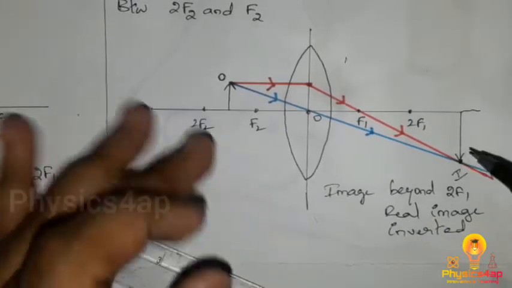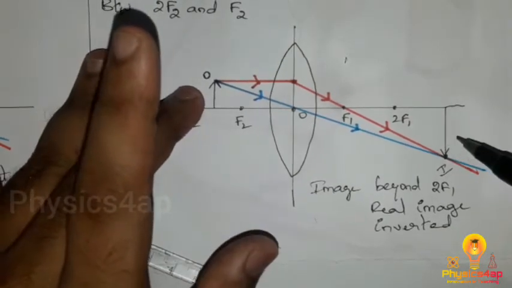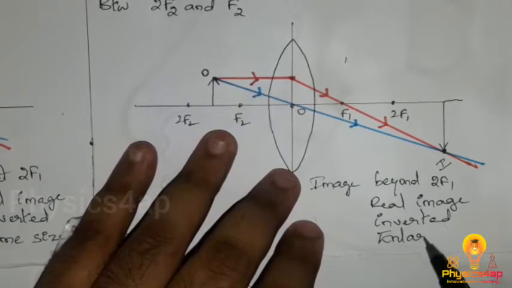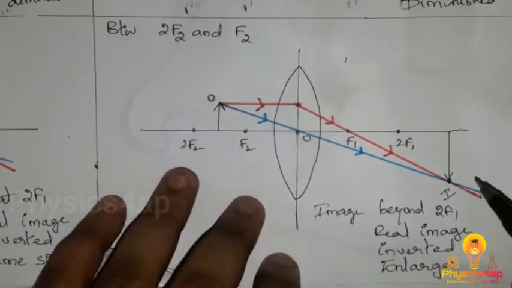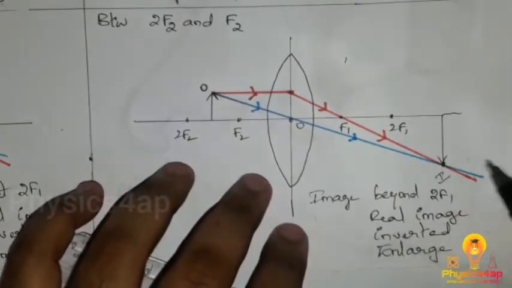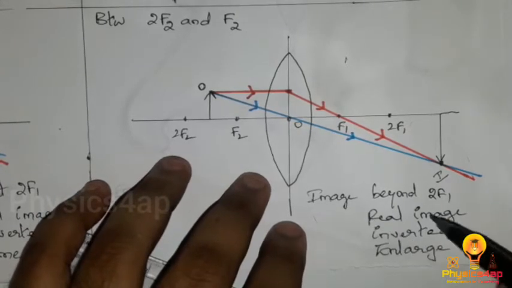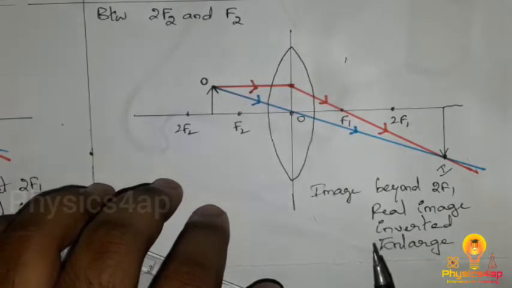Now what about the size over here? As the object is small and the image is bigger, the image has become enlarged. So we call it enlarged, that is bigger in size. So when the object is placed between 2f2 and f2, the image is formed beyond 2f1, and the nature of the image is real, inverted and enlarged.